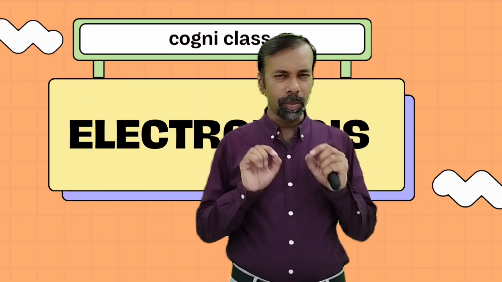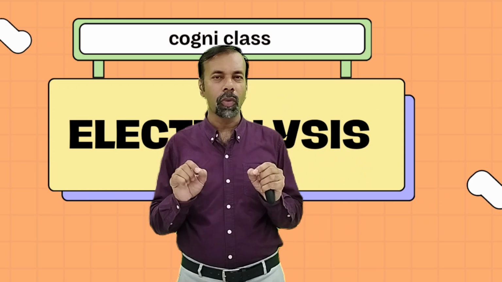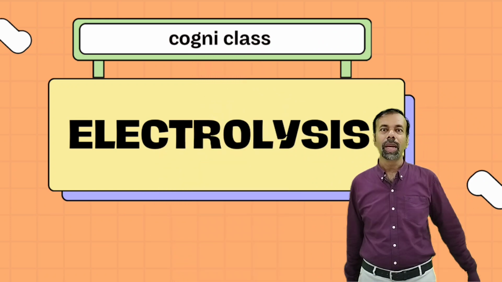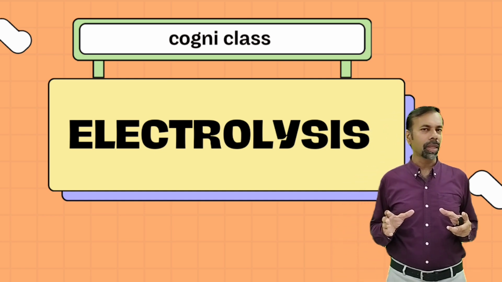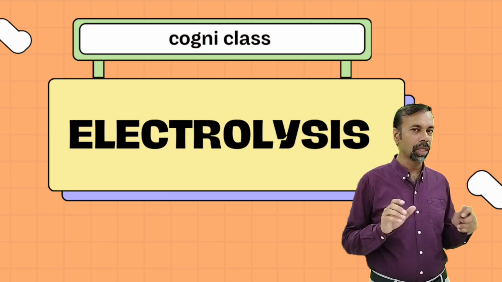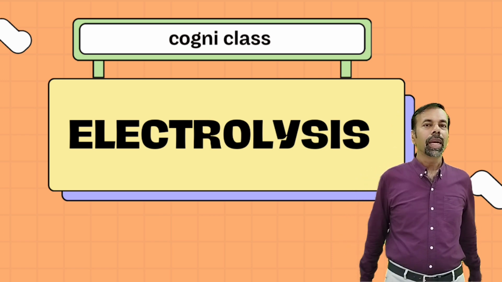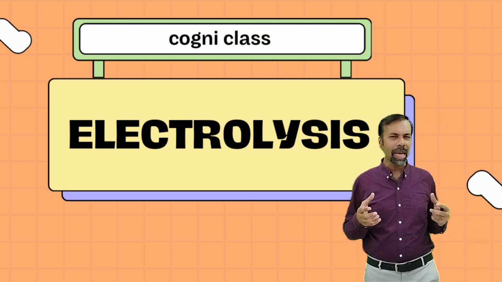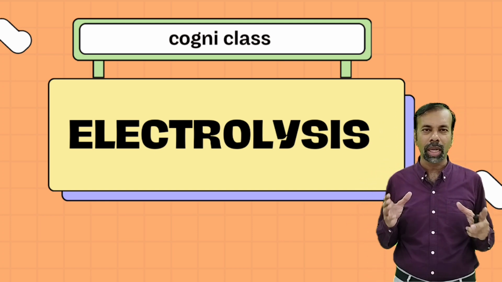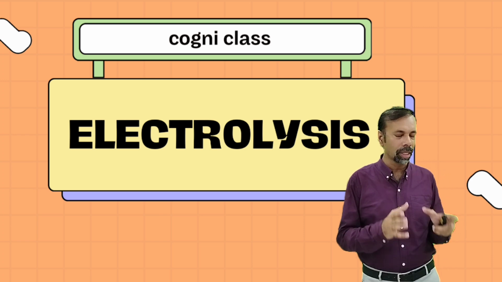Today we are going to discuss a very important and interesting topic of chemistry, that is electrolysis, electrochemistry. It's a very applied topic. We have seen so many examples in our surroundings which are related to electrochemistry. For example, we can make different chemicals, different substances by using the science of electrolysis.